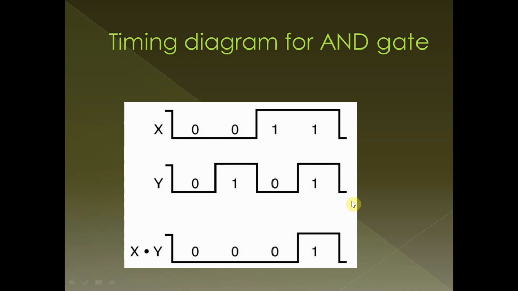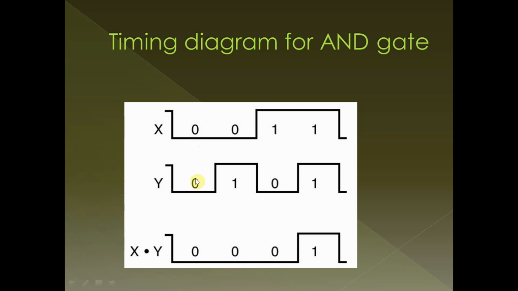Now this is how we draw a timing diagram for the AND gate. For instance, for the first input X, we supply a low signal, that is 0 input. For another input Y, we supply a low signal, that is 0.